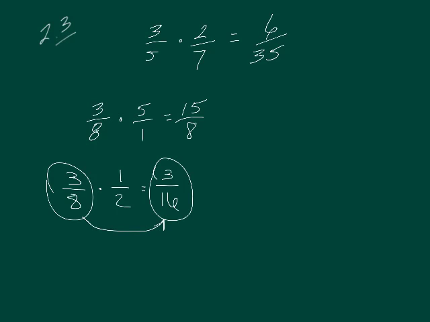So if you want a real quick and easy way to multiply a fraction times 1/2, or anytime you want to take 1/2 of a fraction, you just take the denominator and you double it, and the numerator stays the same. So if we have 3/11, half of that would be 3 over double the 11, 22.